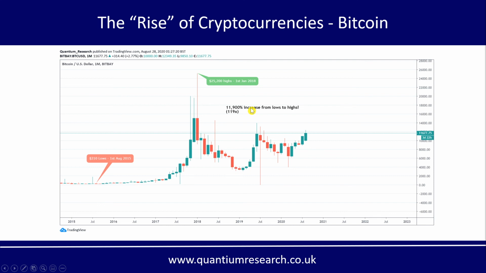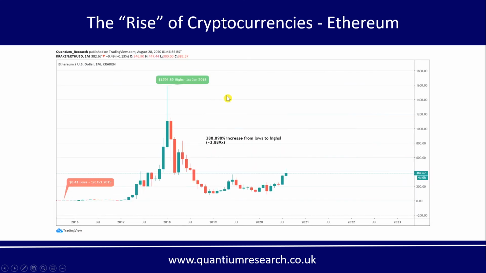Try looking at Ethereum. We have a 3,889 times increase from your initial investment if you were in around the same kind of period for the lows, the 1st of October 2015, which is a little bit earlier, or actually a little bit later than the 1st of August, I believe. Let's just get that up. 1st of August 2015, yeah. So that is really, really amazing. 41 cents.